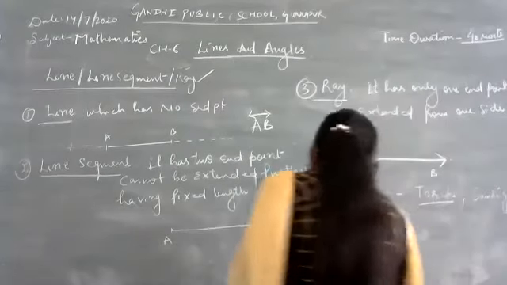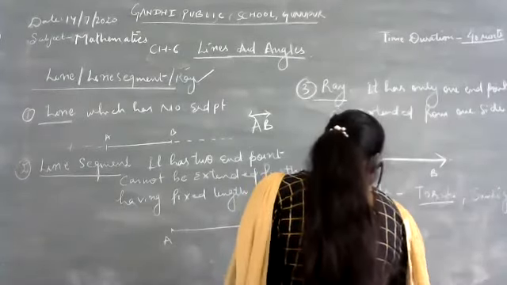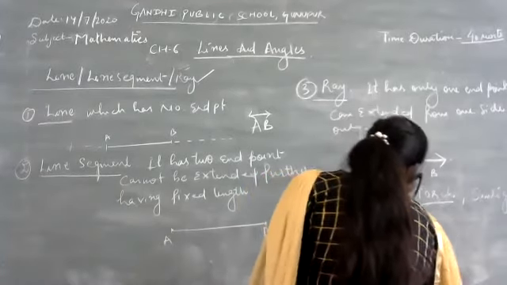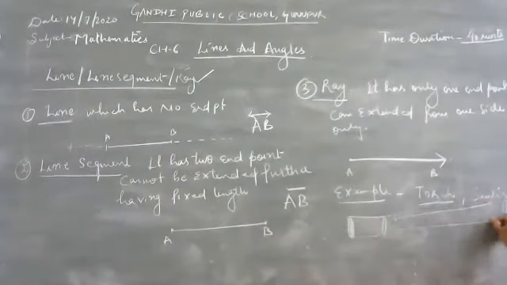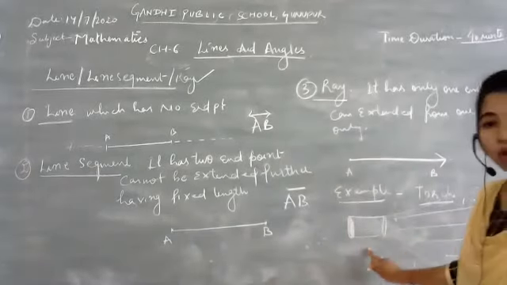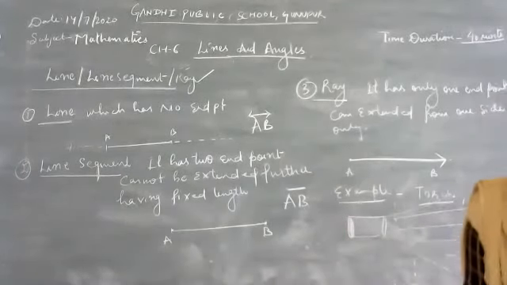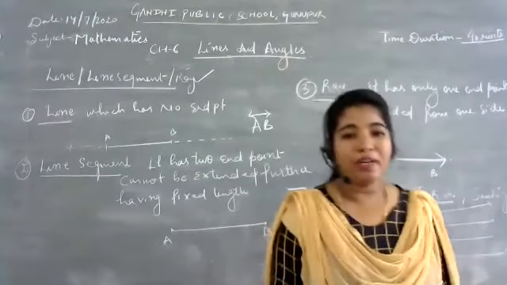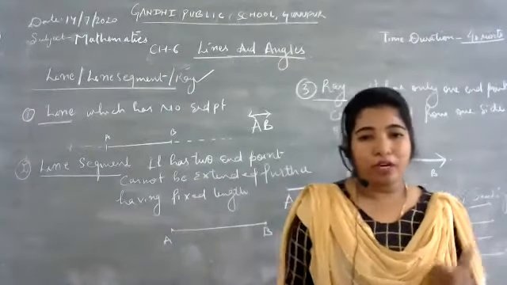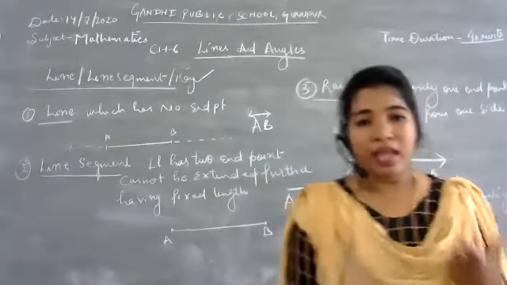Because one end of the torch is fixed, but the ray goes in infinite directions. So I can say that a torch, even sunlight, is an example of a ray. I hope it is clear to all of you about line segment and ray.